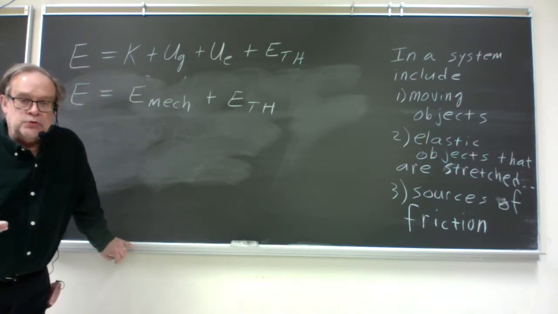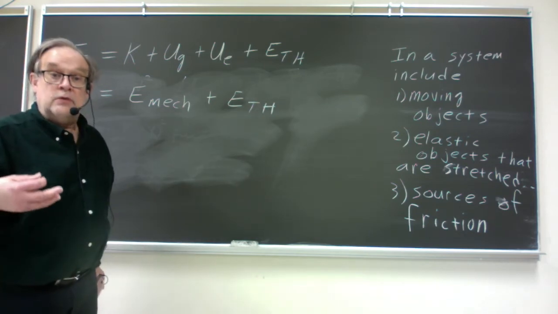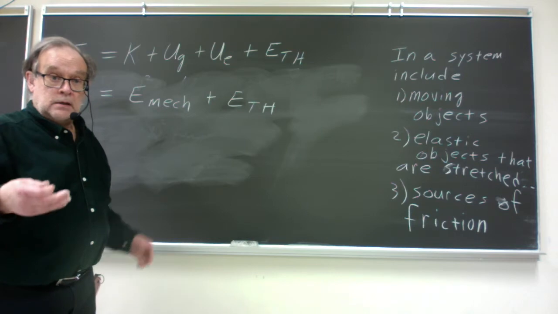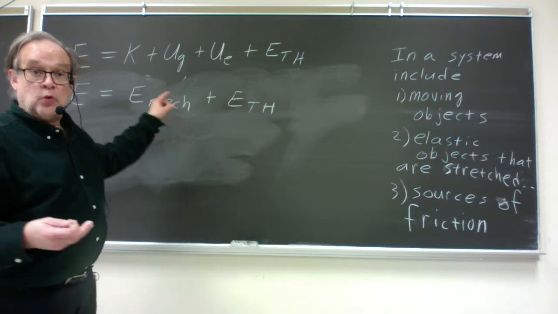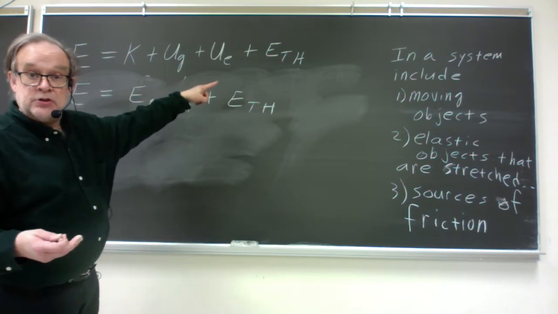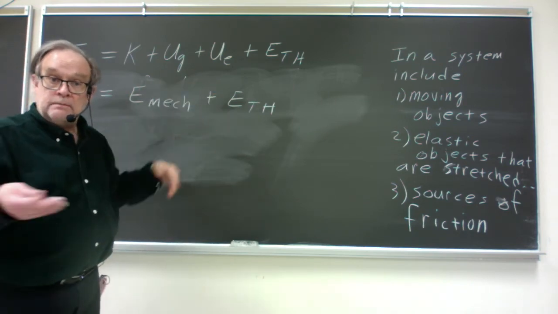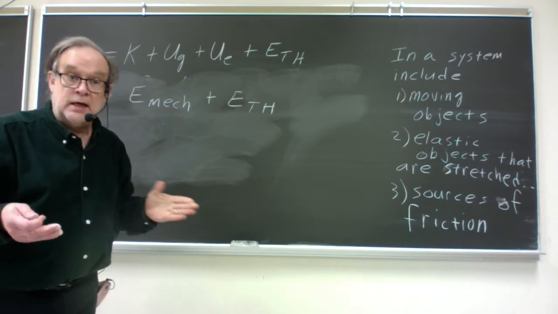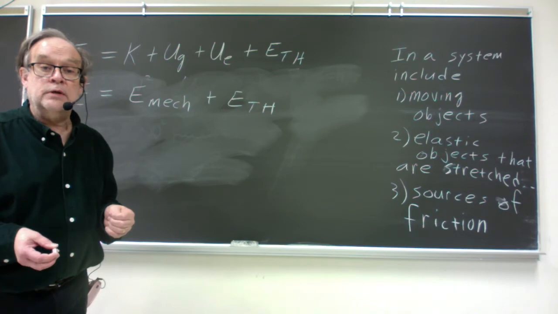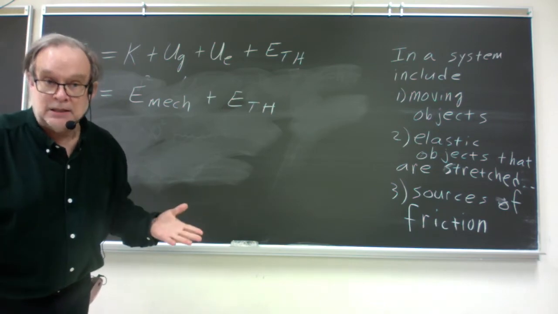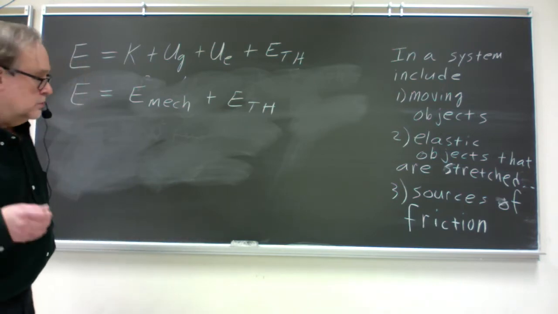We lump those two things together because very, very often energy is transformed from kinetic to potential and back to kinetic and then back to potential. That happens all the time when an object is oscillating, which we'll see shortly.